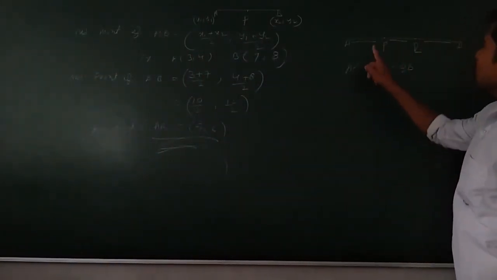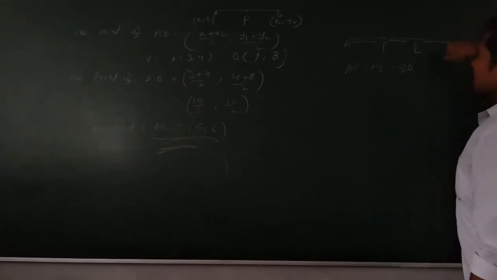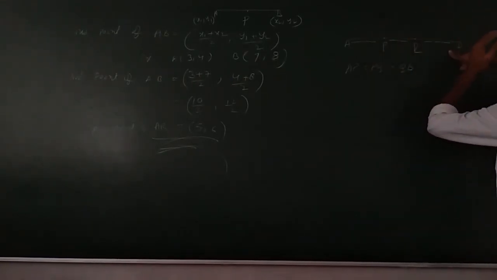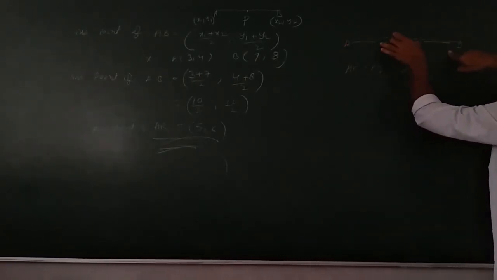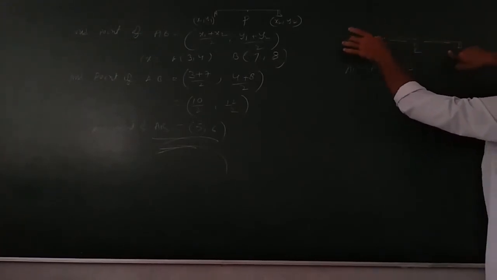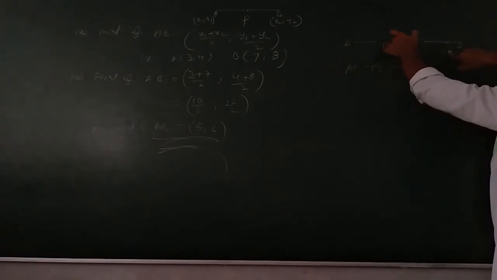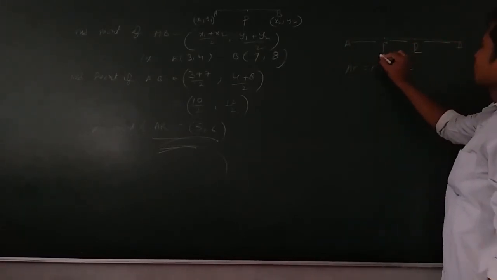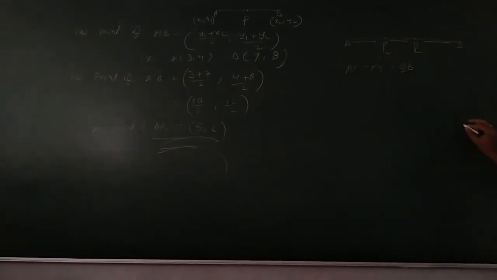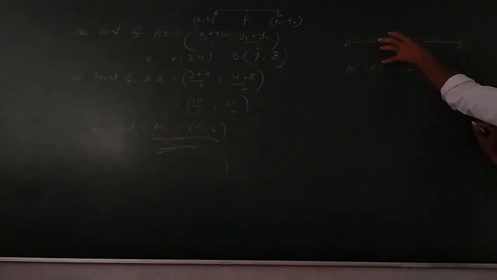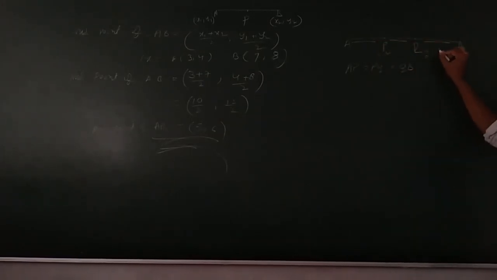That means here P divides the line segment in 1:2. This is up to here 1, no? So P divides AB in the ratio 1:2. And Q divides AB in the ratio 2:1.